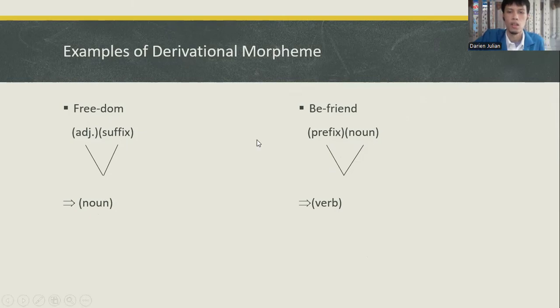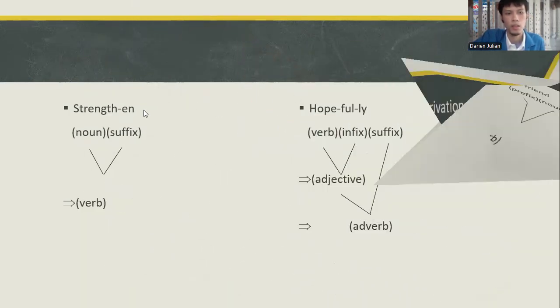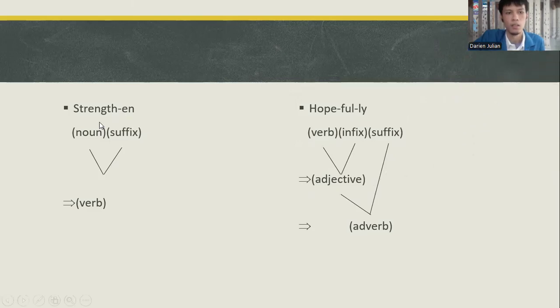The second is befriend, with be, which is a prefix, and friend, which is a noun. So when combined, it forms a verb. Next is strengthen. Strength, which is a noun, and then, which is a suffix. So when combined, it forms a verb.